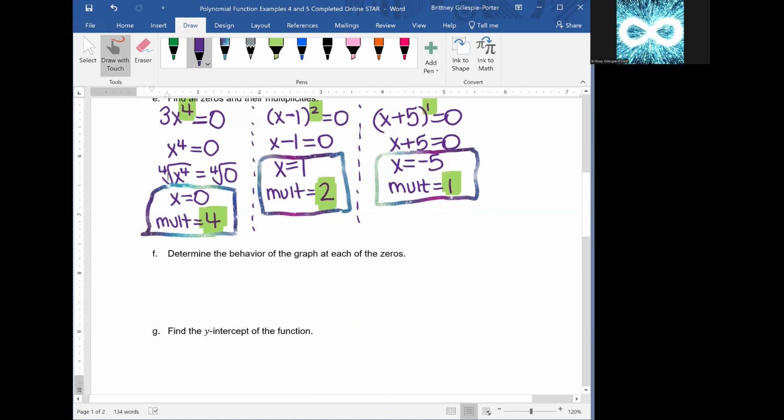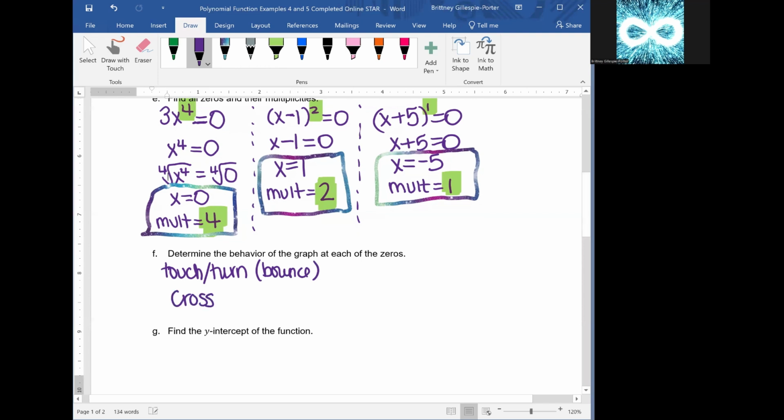We need to determine the behavior of the graph at the zeros. We're not talking about end behavior. End behavior is rise and fall. Behavior at the zeros is either touch and turn, which remember you can also call bounce, or cross.